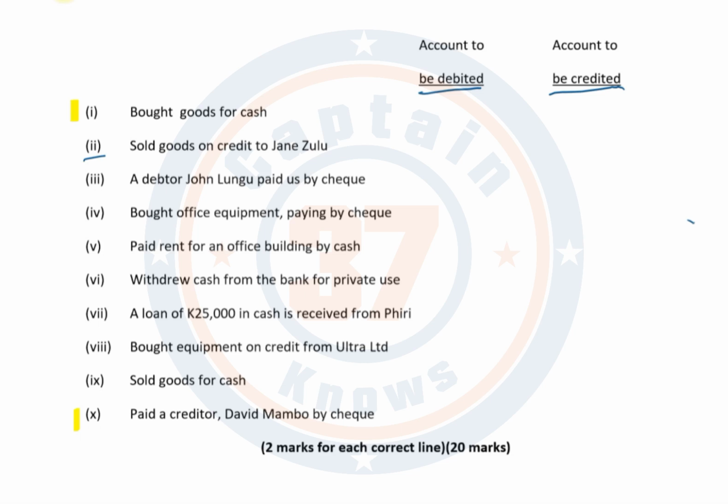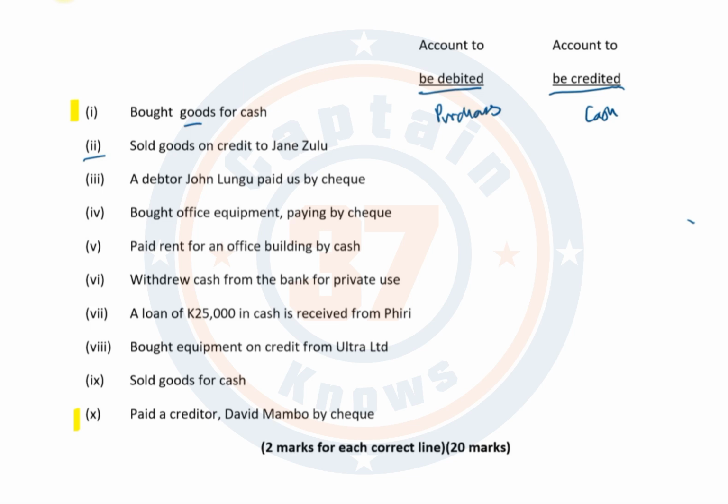1, bought goods for cash. So what's receiving here is going to be purchases, because we are buying. Then here it's going to be cash, because cash is going out. When it says bought goods, then you need to put purchases.